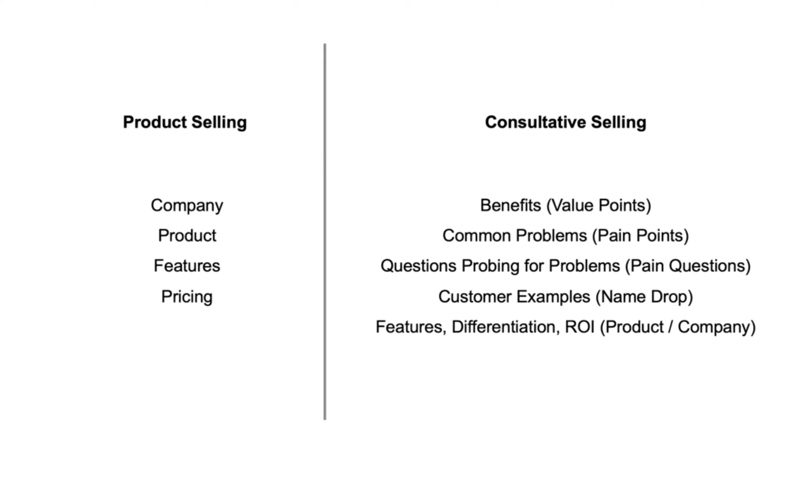So the last thing I want to point out on this is that a lot of times when people hear consultative selling, they may think that, well, that's for technical products like IT or software or something that's very complicated, and that if they have a simple product they just need to do product selling.